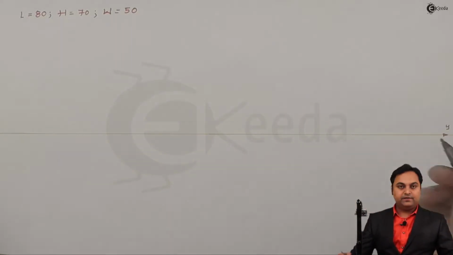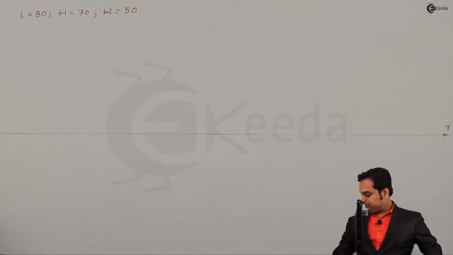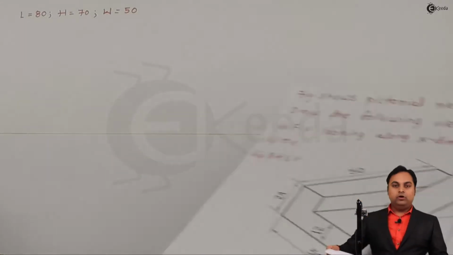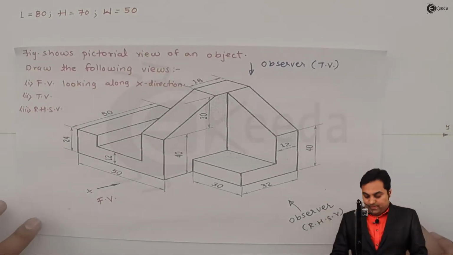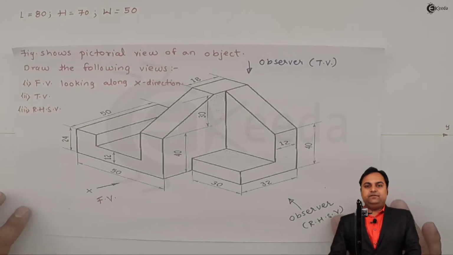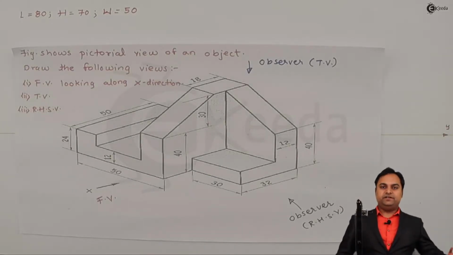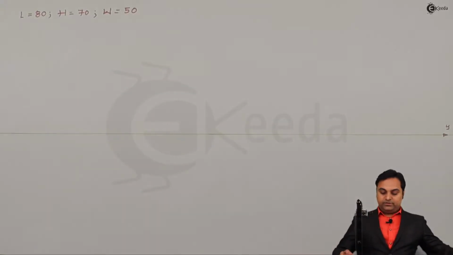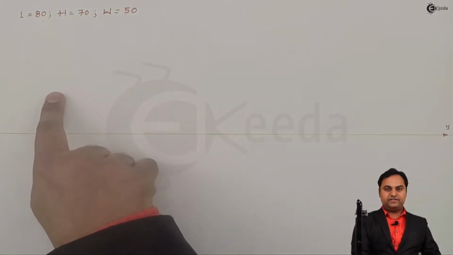Here we have XY line and VP HP. When we are drawing by first angle method of projection, the right hand side view will be drawn by looking from right hand side and drawing it on left hand side. So here the right hand side view will be in VP on left hand side. This will be the position for the side view.